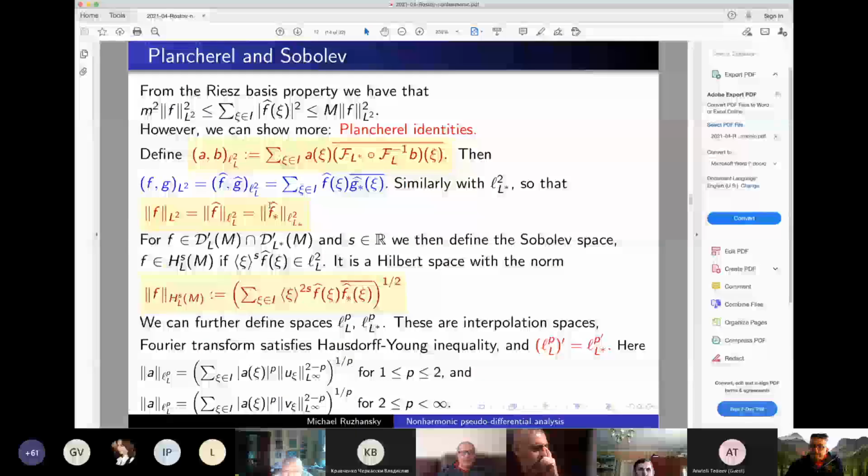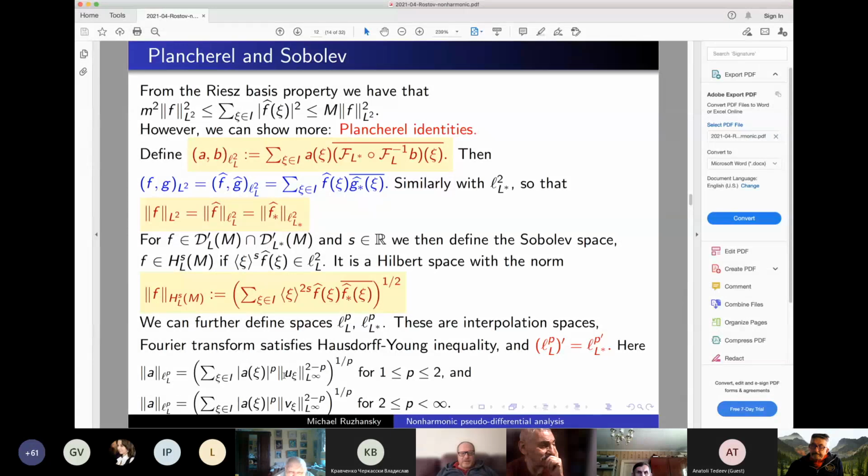So we can also talk about Sobolev spaces with respect to L, and we can define LP spaces. This is interesting because for Fourier analysis, many questions are about LP problems. These are definitions, and you may wonder why we define them like this.